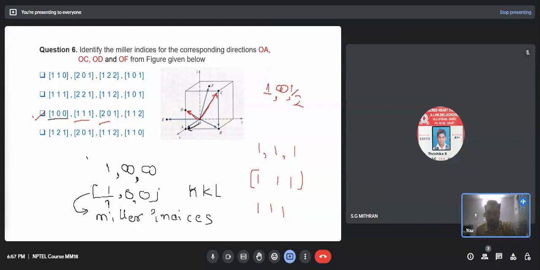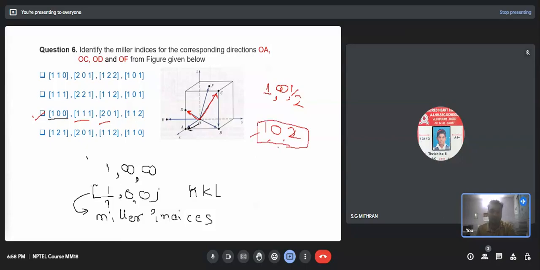Now we'll take the reciprocal: 1, 0, 2. Now we don't have to divide by anything because it is an integer itself.